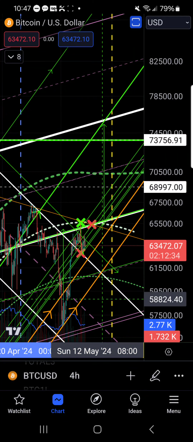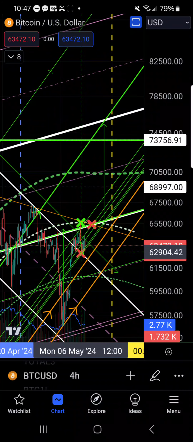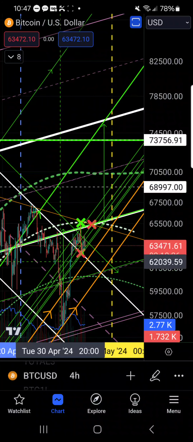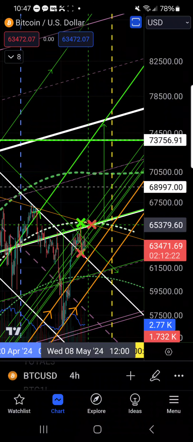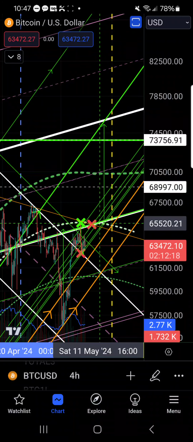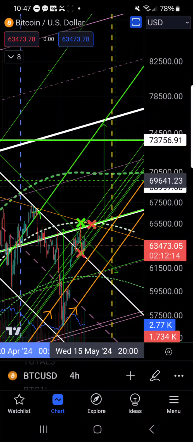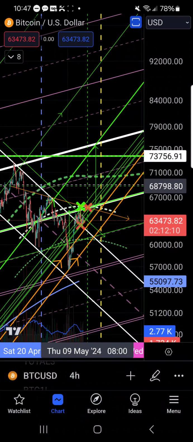Could be forming that big head and shoulders, could be forming this little head and shoulders, or possibly we're so bullish that we just come up here. I'd like to see us come up between these two X's here and hold this as support and continue moving on here. Regardless of the scenario, those are the cases I see.